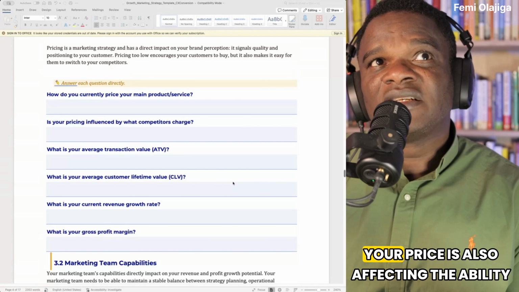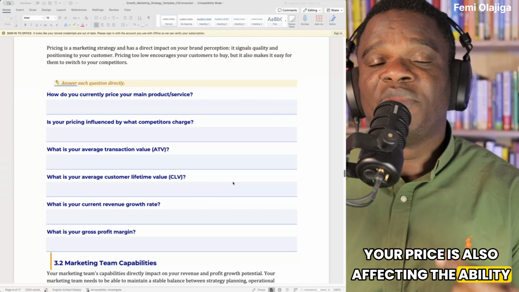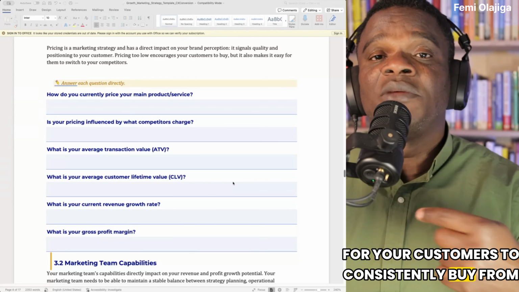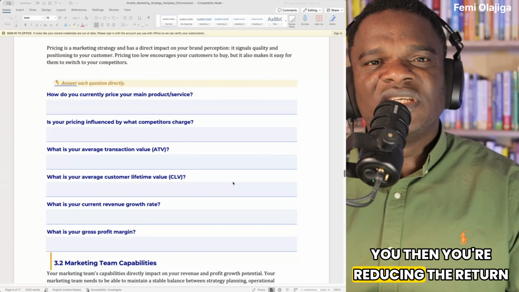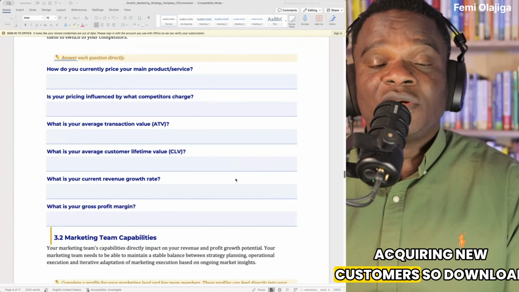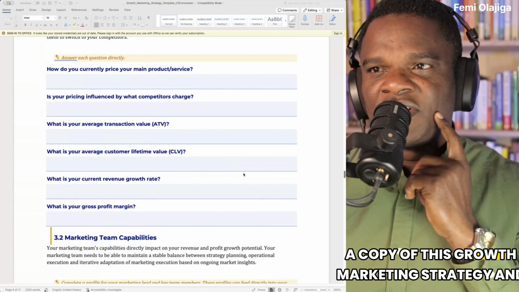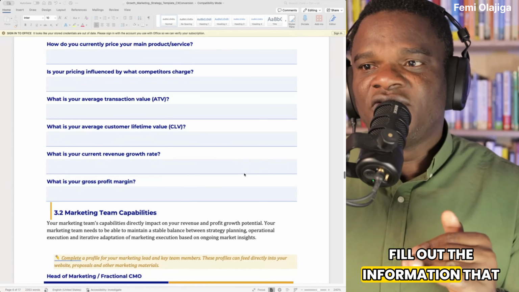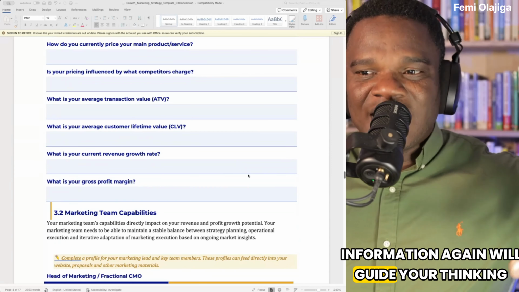And if your price is also affecting the ability for your customers to consistently buy from you, then you're reducing the return purchase, the return visits, and even acquiring new customers. So download a copy of this growth marketing strategy and fill out the information. That information, again, will guide your thinking.